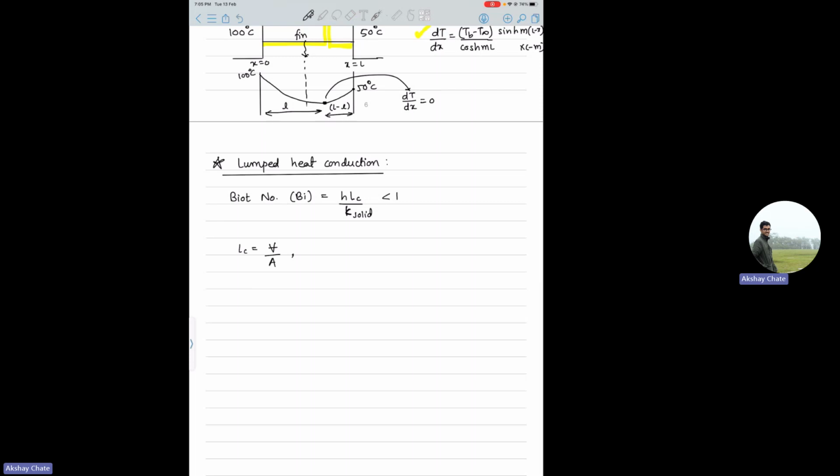So for a sphere, volume is 4/3 pi r cubed, surface area is 4 pi r squared. Therefore, your characteristic length becomes, with 4 pi cancelled, r by 3. Similarly, you can do it for a cylinder, cube, whichever you want.